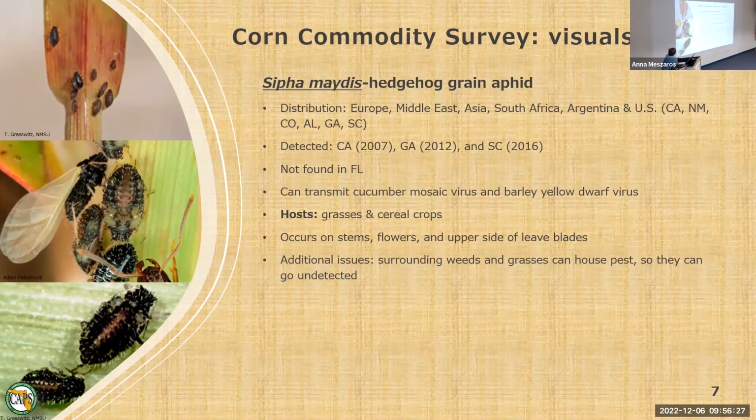And the additional issue is surrounding weeds and grasses, which can host pests, so they can be detected. Sometimes even when we place the trap, we can detect them. The crops are really big and in different parts of the state. Basically, I think the big crops are in the north, around the panhandle, and in the middle we don't have too much, and in the south either.